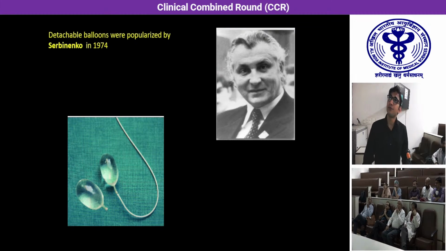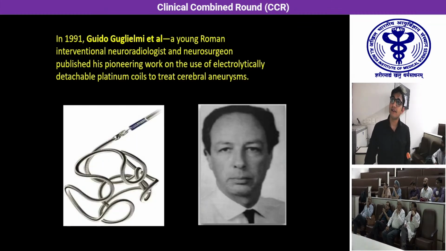And the breakthrough came in 1974 by Serbinenko, who introduced the detachable balloons, as Sir said, which were utilized for occlusion of aneurysms. And then the major breakthrough again was in 1991 when Guglielmi introduced the detachable coils, which are still used in different forms.